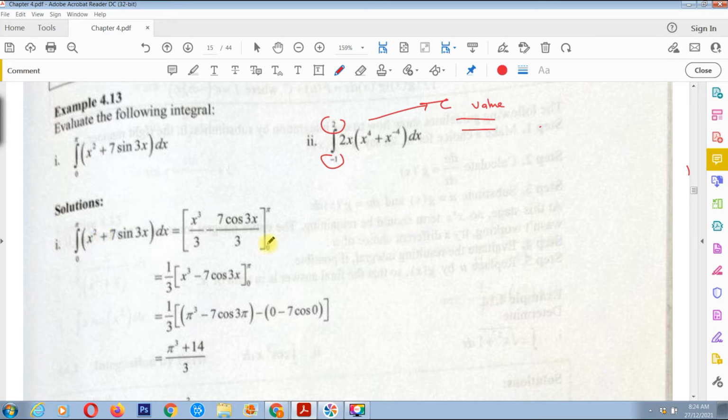After we integrate this function, the number should be, we close the bracket here, from 0 to pi. So we put pi and 0 into this function, putting in this x, so we get pi cubed, and then 7 cos 3 pi, and then minus 0, so we put 0 here.